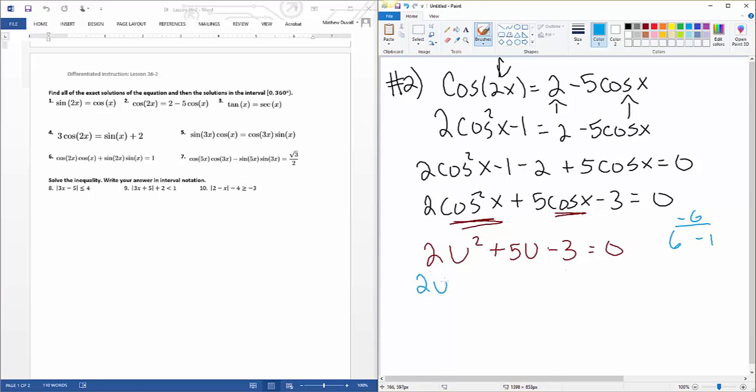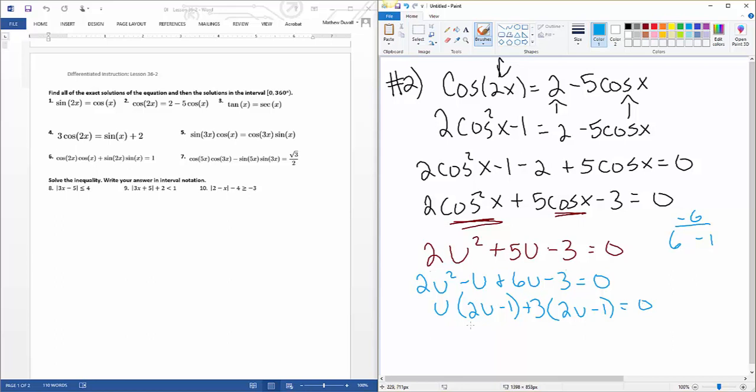So this would be 2u squared, I'll do minus u first, plus 6u minus 3 equals 0. Factor out a u, factor out a 3, because it's factored by grouping. And so now I'm going to replace the u's back with cosines.